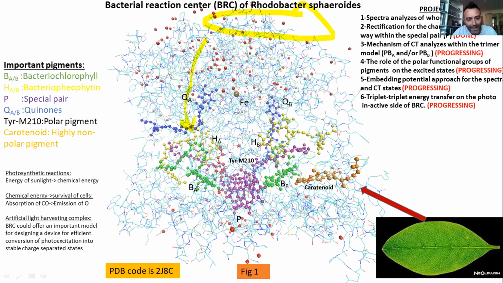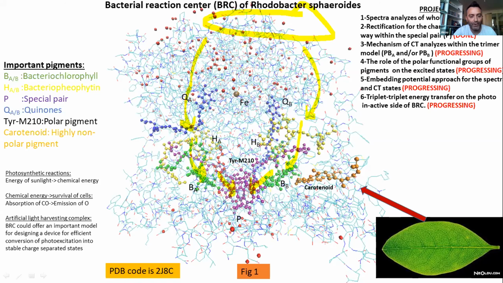This energy, which is actually an exciton decaying, goes back to the BA, and this happens in the same way on the right side, where the energy transfers to the HB, and from there to the BB, and finally to the special pair, which consists of a dimer of bacterial chlorophyll, and the special pair absorbs the energy and the electron.